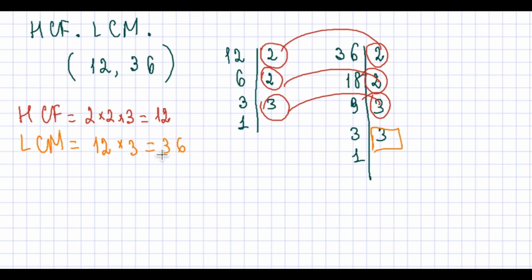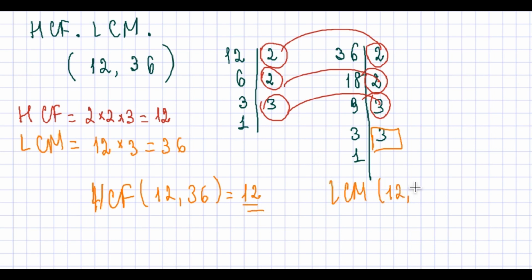So what did we get? We get that the HCF of 12 and 36 is 12 itself, but the LCM of 12 and 36 is 36 itself.